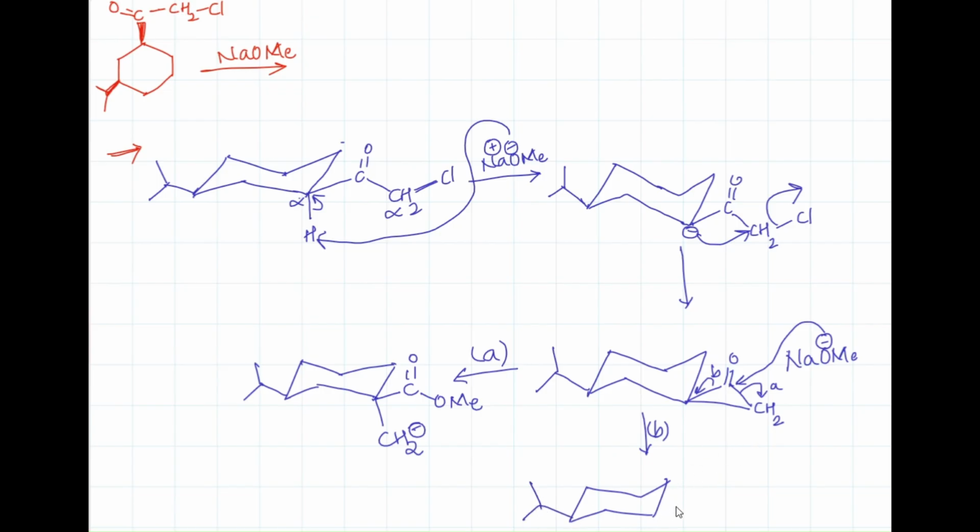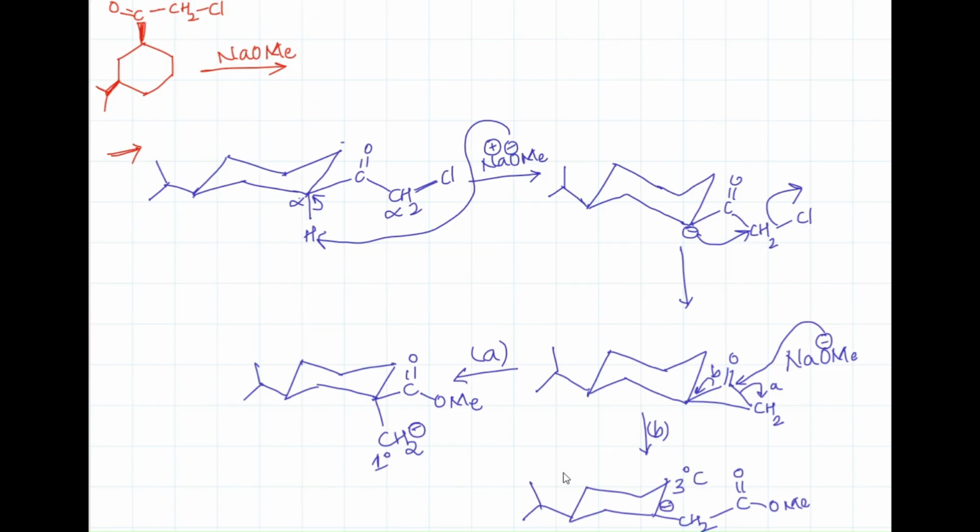If the ring is opened by B, it will form CH2, then C double bond O, OMe, and this carbon is carrying negative charge, right? Here this carbon is carrying negative charge, here this carbon is carrying negative charge. This is a primary carbanion and this is a tertiary carbanion.